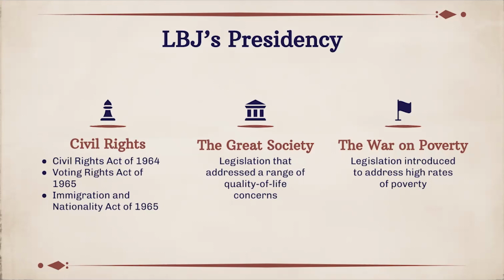Medicare and Medicaid would ensure access to quality medical care for the aged and the poor. And in 1965, the Elementary and Secondary Education Act was the first sustained and significant federal investment in public education, totaling more than $1 billion that went to colleges and universities. Right. So this is all quality of life.